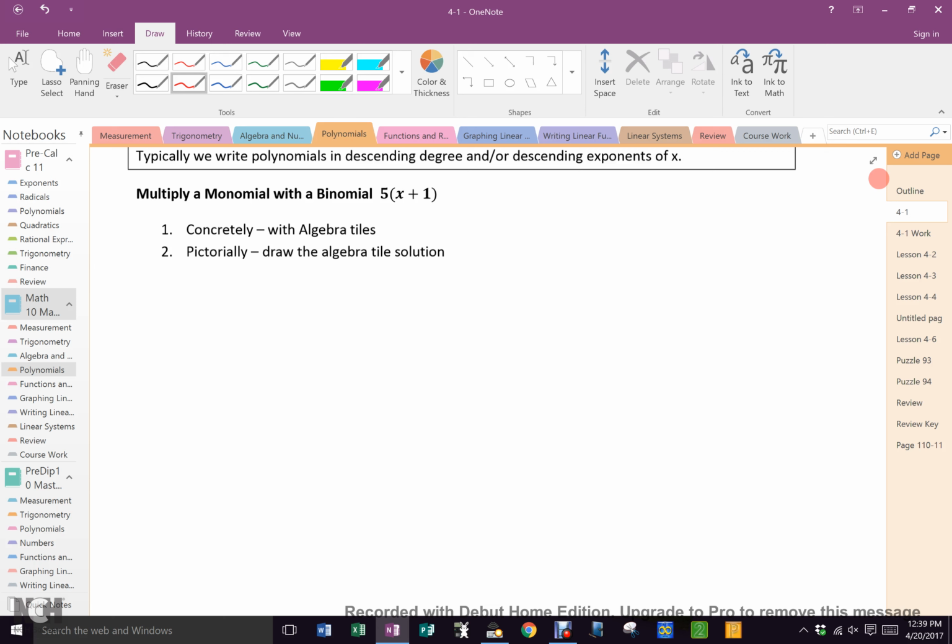Good. So what would x plus 1 look like? The bar. And red or green? Red, because I said reds were positive. A little red square. There's x plus 1, yes? How many of them do I need? 5.